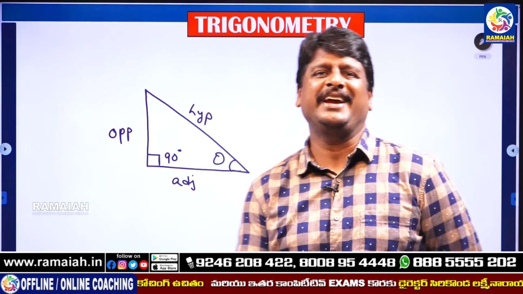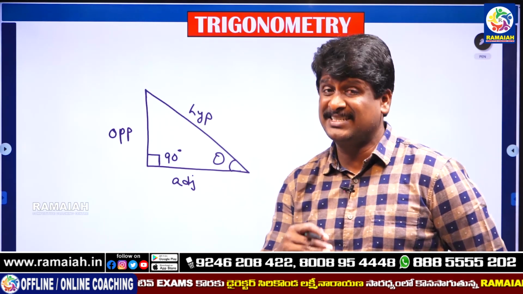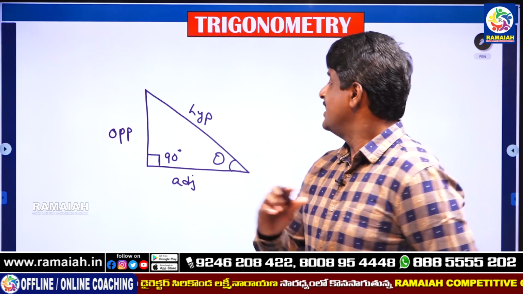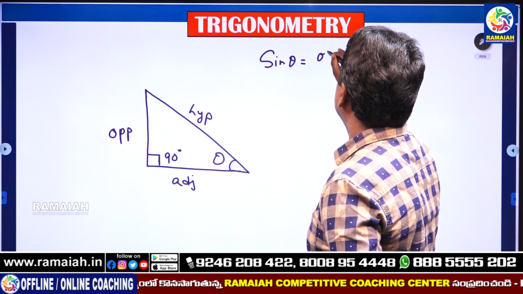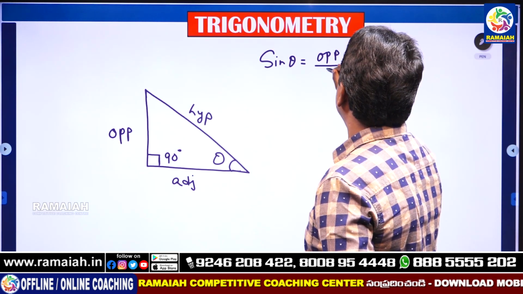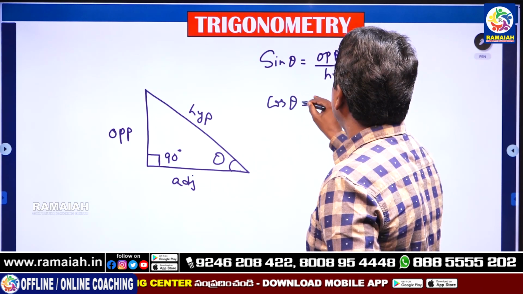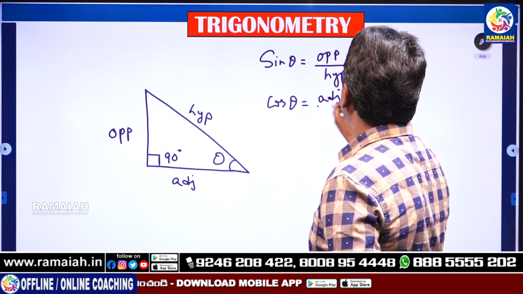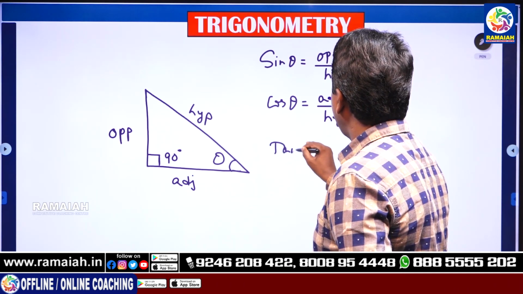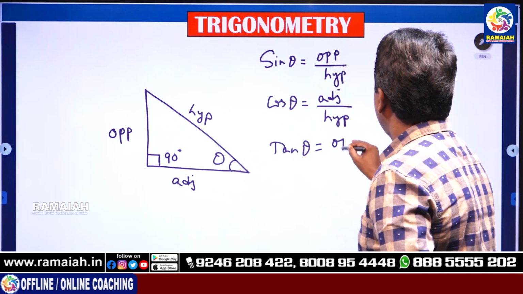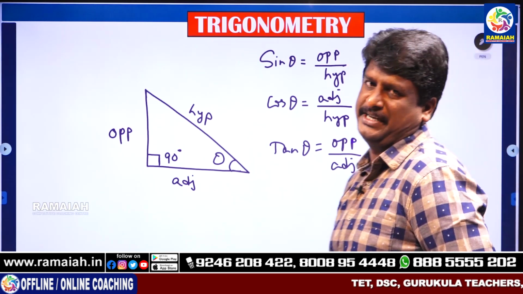My dear students, you know very well that up to 10th class level, sin theta is opposite side by hypotenuse, cos theta is adjacent side by hypotenuse, tan theta is opposite side by adjacent side.